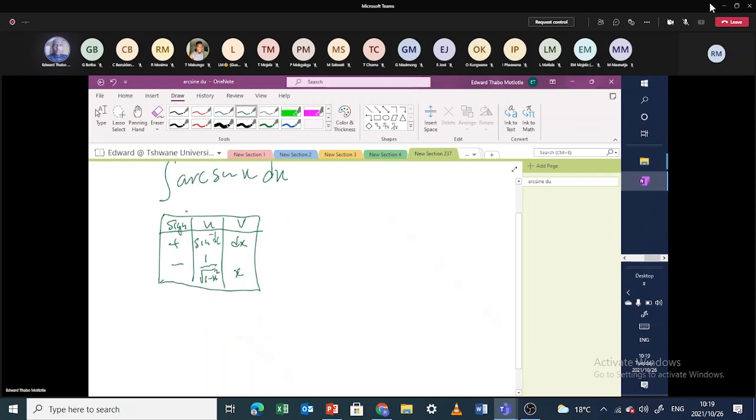Okay. Now you cross multiply. This is how you multiply, and this is how you multiply. On the last one, you put the integral sign. So the solution to this one is x sine inverse of x, minus the integral of x over the square root of 1 minus x squared dx.